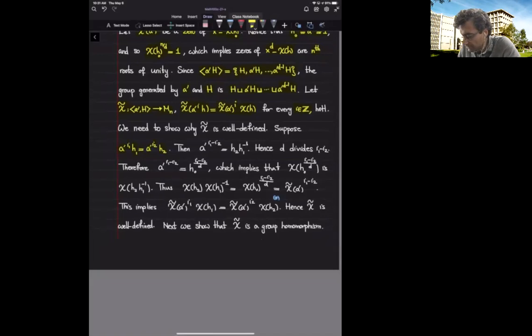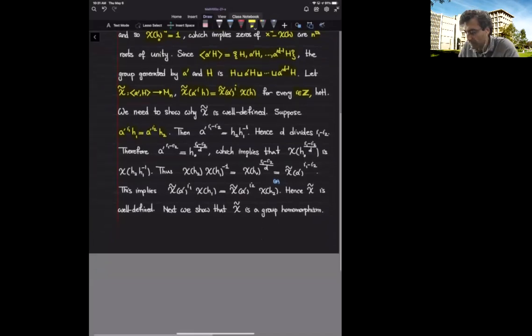Then why do I end up getting the same quantity on the right-hand side? What does this equality mean? This means A prime raised to the power I1 minus I2 is inside H, and it is H2 times H1 inverse.